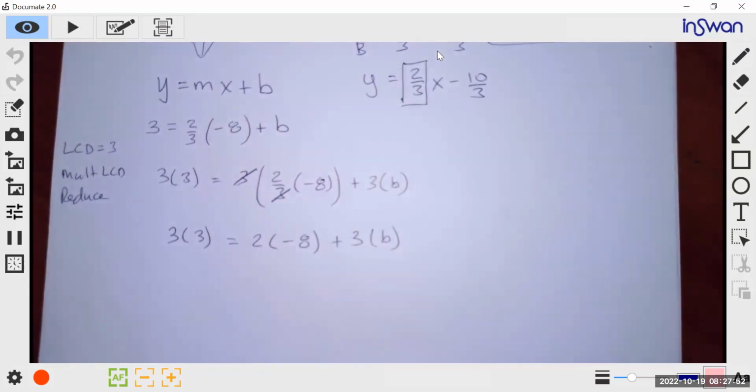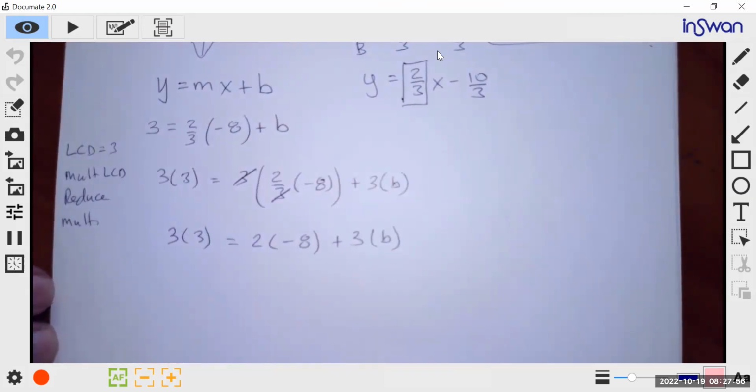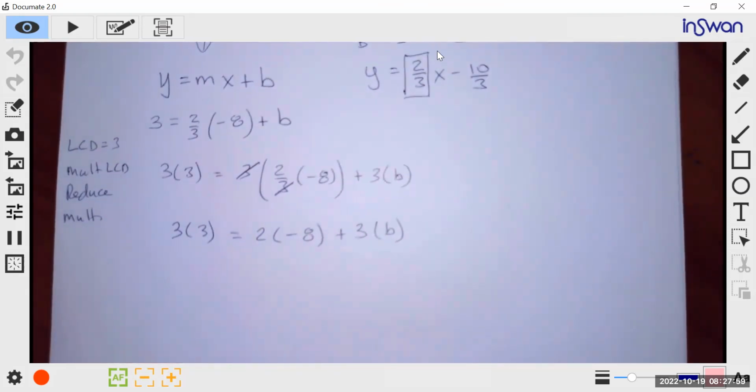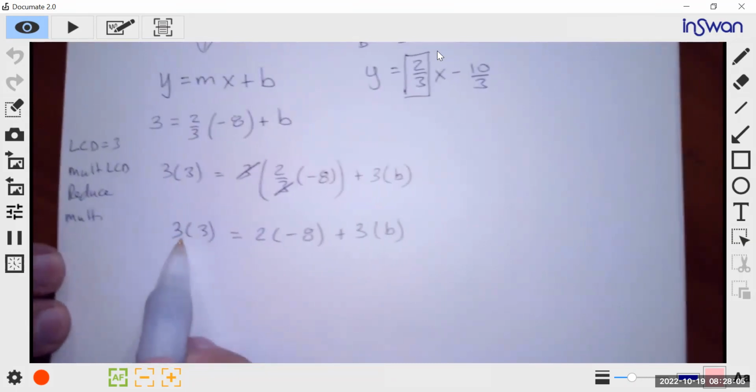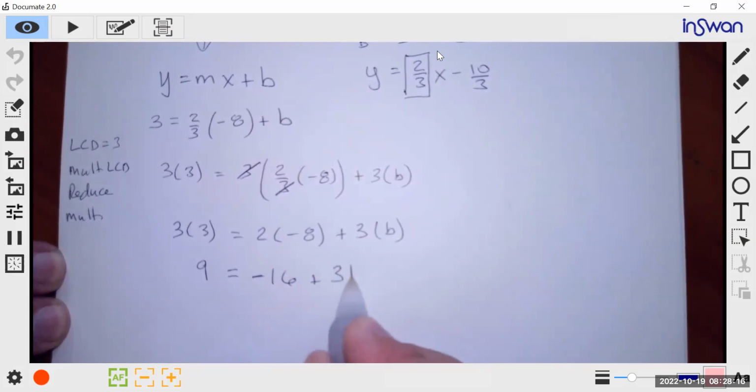Okay, what's our next step? Multiply, get rid of the parentheses. Again, we've been doing this for 8 weeks now. Hopefully some of it has sunk in. 3 times 3 is 9. Positive times negative is negative. 2 times 8 is 16. 3 times b.